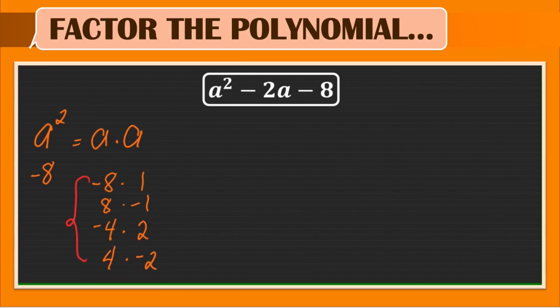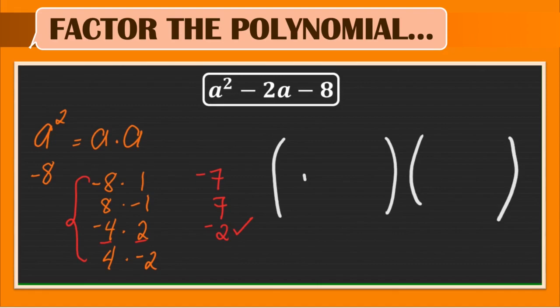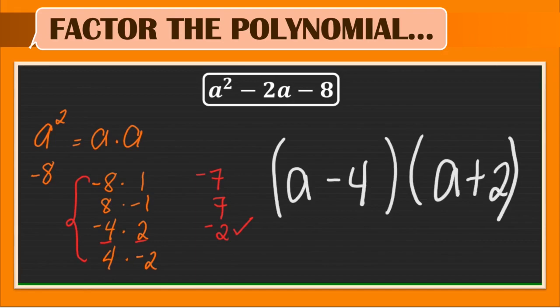Negative 8 plus 1 is negative 7. 8 plus negative 1 is 7. Negative 4 plus 2 is negative 2. That's it. We're going to use negative 4 and 2. Thus, the factored form is the quantity of A minus 4 times the quantity of A plus 2.